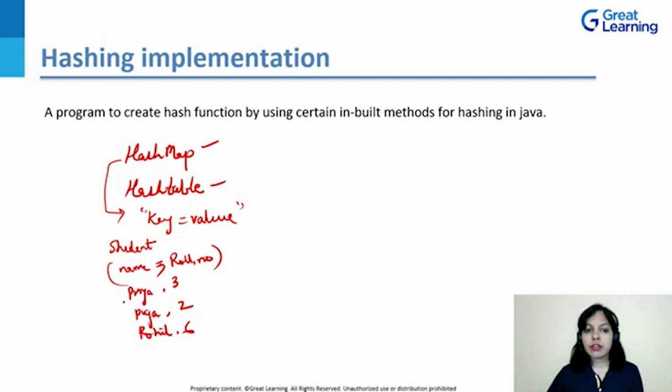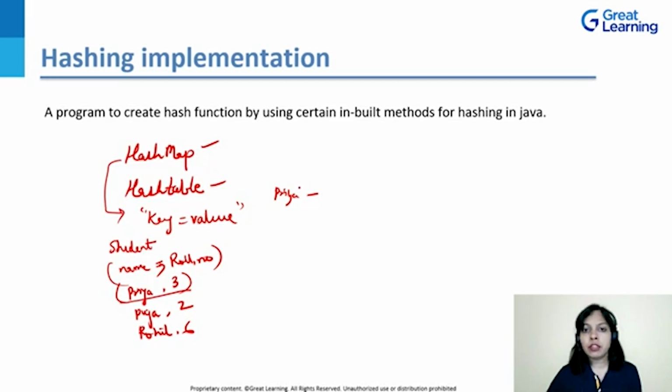So what happens is, when we create a hash map and store these values there, at the backend, this particular key, that is Priya, is a key here, Pooja is a key here, Rohit is a key here, and these are the associated values with them. So for the key Priya, this Priya will be passed to the hashing function, which is an inbuilt hashing function when we use the concept of hash map and hash table.